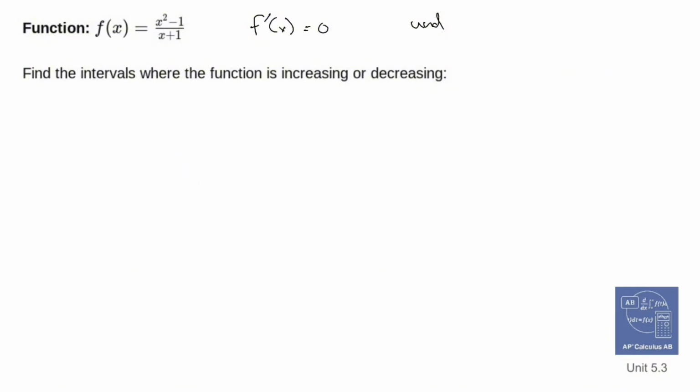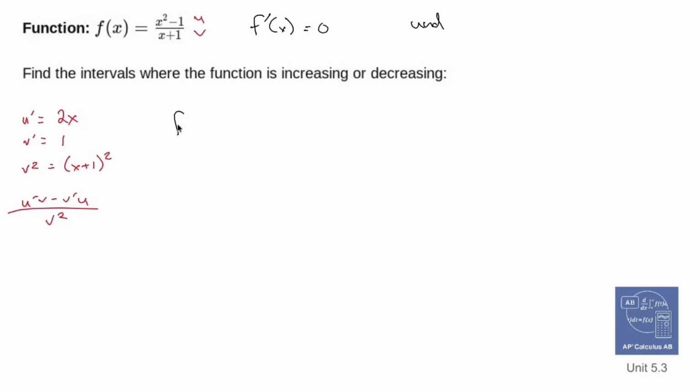And if you're thinking, is that quotient rule? Yes, it is. So u prime is going to be the derivative of the top, so 2x, not so bad. v prime is going to be the derivative of the bottom, which is 1, not so bad. And then v squared is going to equal x plus 1 squared. Quotient rule is u prime v minus v prime u all over v squared.